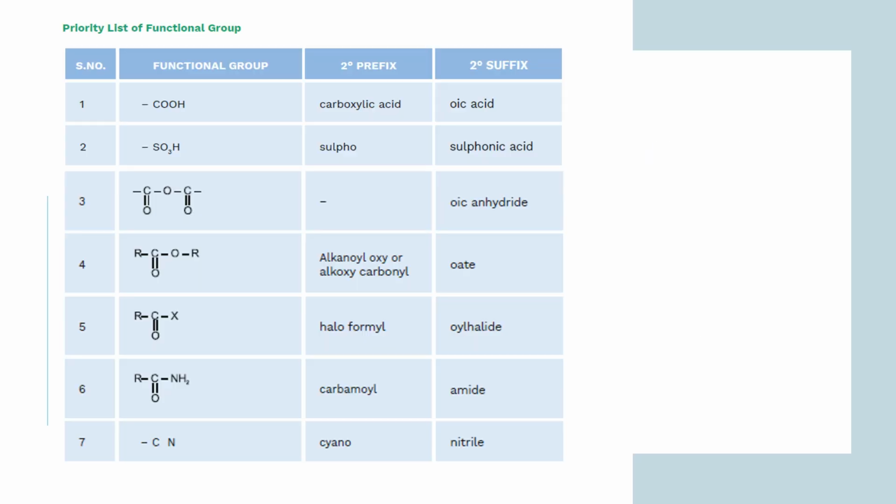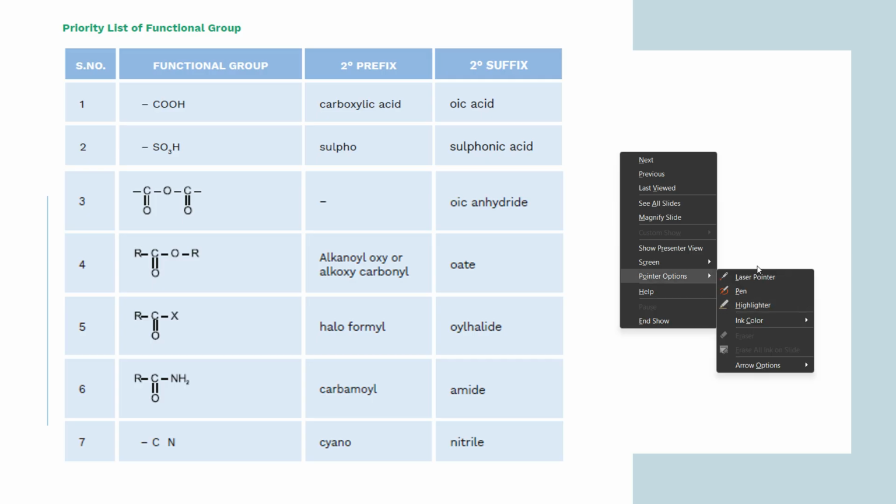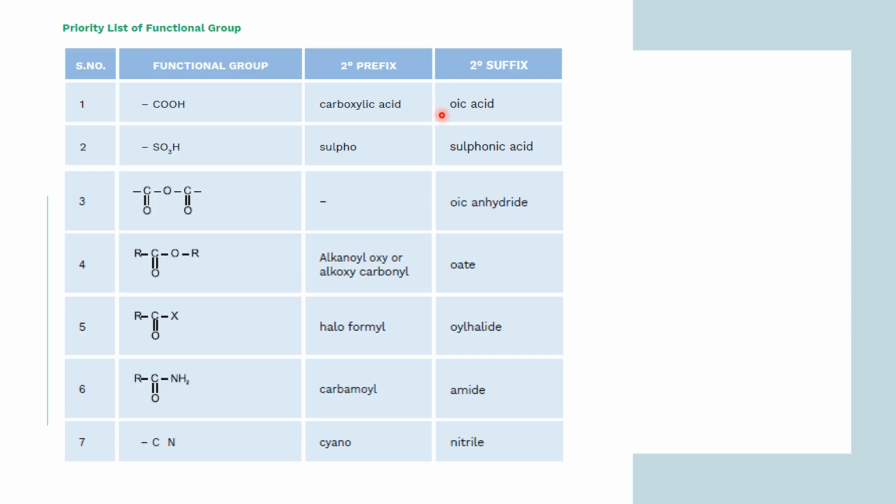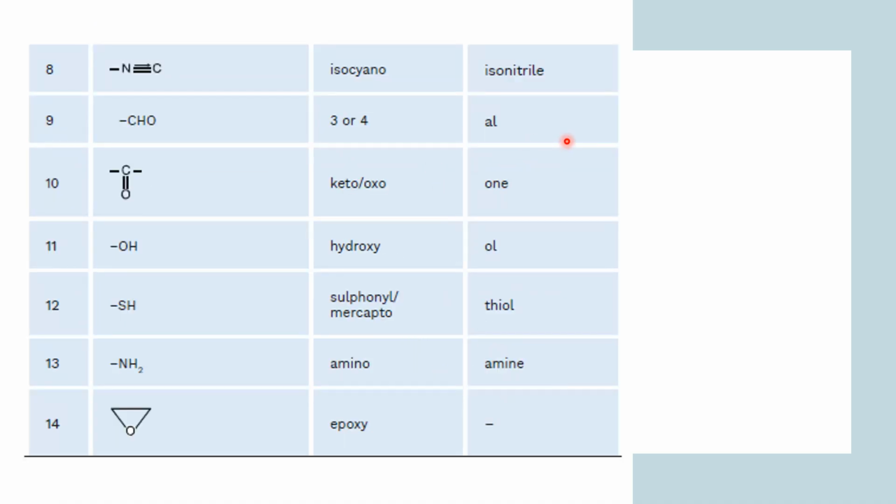First of all, I hope you are aware of the priority list of different functional groups. If we quickly look through all these functional groups, you have the highest priority assigned to the carboxylic acid group, followed by sulfonic acid, which is then followed by anhydride and ester, then acid chloride, amide, cyanide or nitrile, aldehyde, ketone, alcohol, thiol, amine, and epoxy, which is cyclic ester.